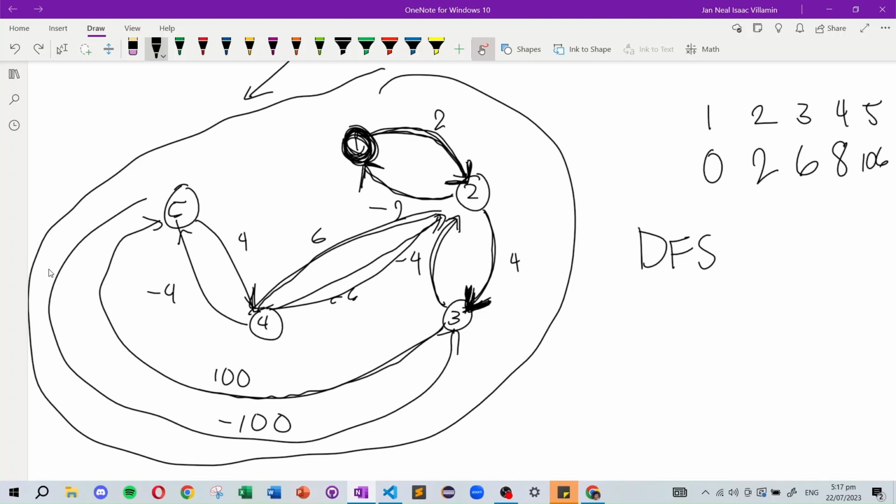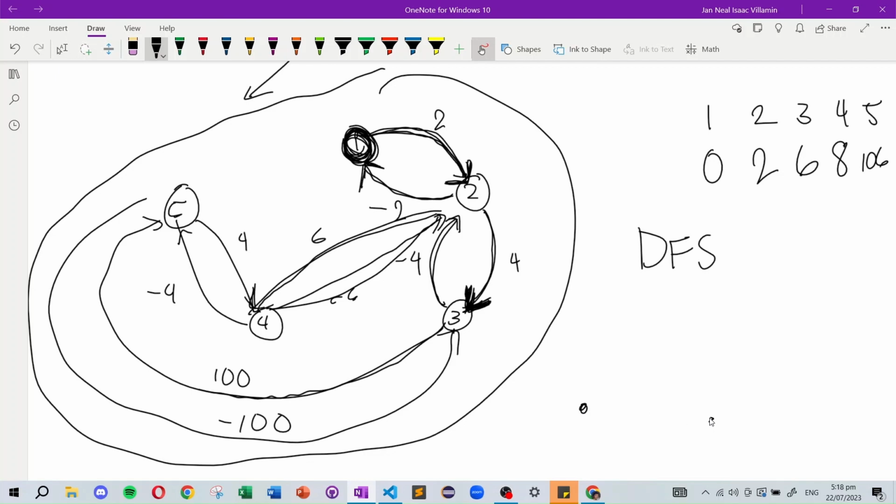So keep in mind this is a path, so you don't visit vertices twice unless it's a cycle. So there must be a path from any two vertices, and that path must only have the same distance, if that makes sense.